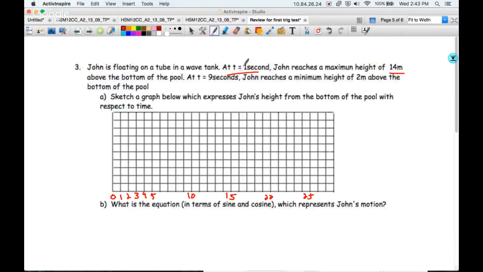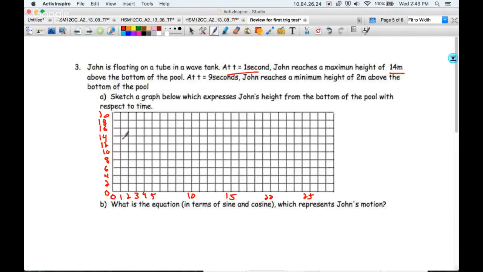And let's see, it has to be able to go to a height of 14. So we'll just count by twos so we can fit in that 14. So 0, 2, 4, 6, 8, 10, 12, 14, 16, 18, 20.